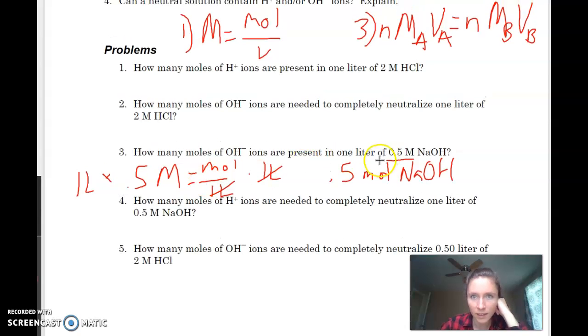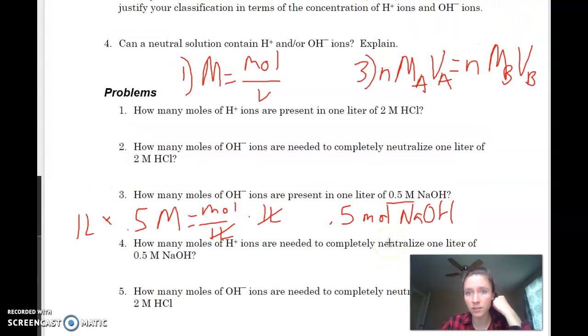The key thing is that equation number 3, because it has Ma times Va, that's like saying molarity times volume, that is equal to moles. So this equation is really telling you that when you have moles of an acid equal to moles of a base, you have neutralization happening.